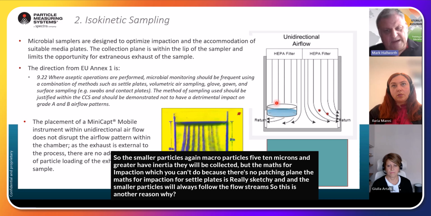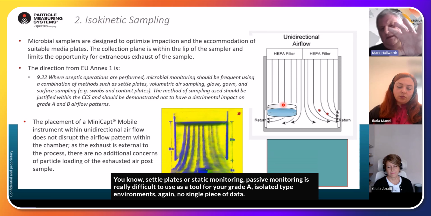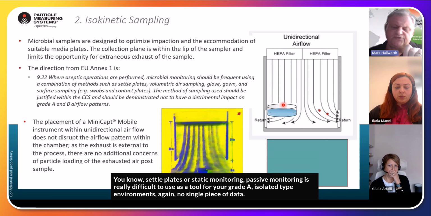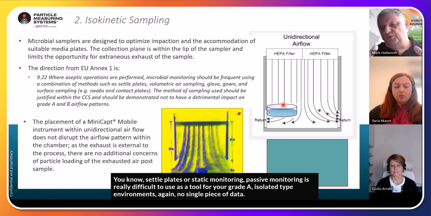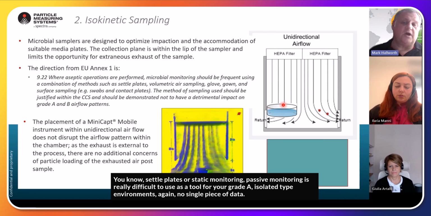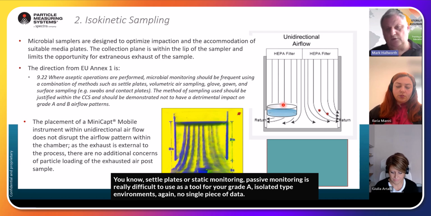But the maths for impaction, which you can't do because there's no impaction plane, the maths for impaction for settle plates is really sketchy. And the smaller particles will always follow the flow streams. So this is another reason why settle plates or static monitoring, passive monitoring is really difficult to use as a tool for your grade A isolated type environments. Again, no single piece of data.